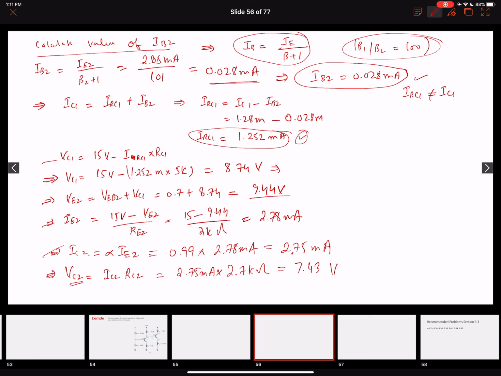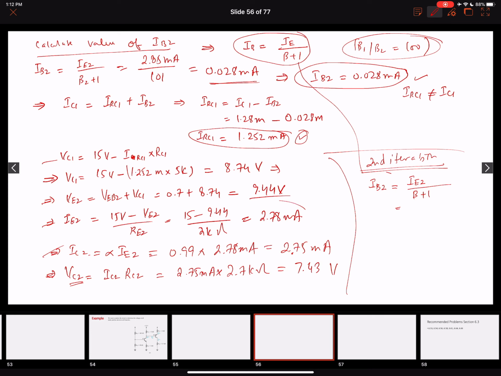Once we did all that, let's find out again the base current and see whether that base current matches with our previous iteration or not. We are going to use the same equation. Now let's find the base current again. Second or third iteration, I guess this time. So our new value of IB2 equals our new value of IE2 over beta plus 1.